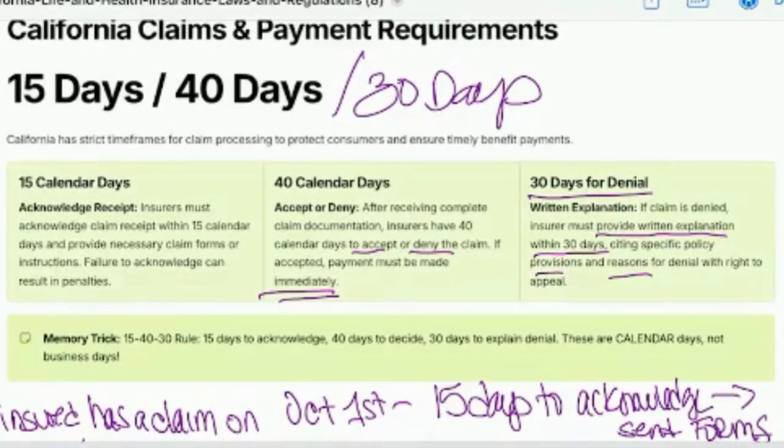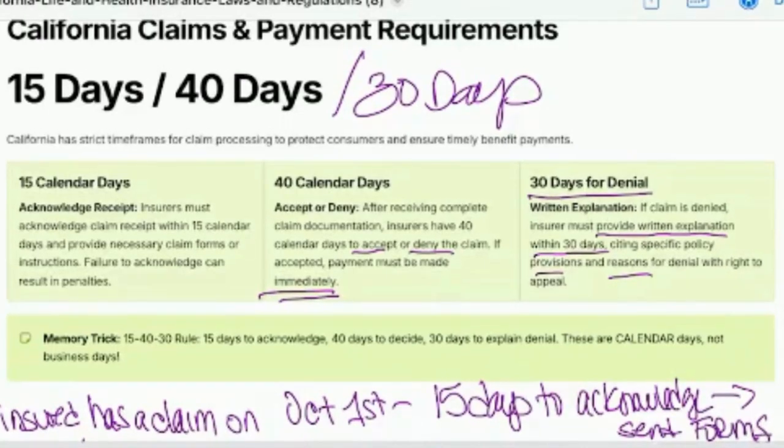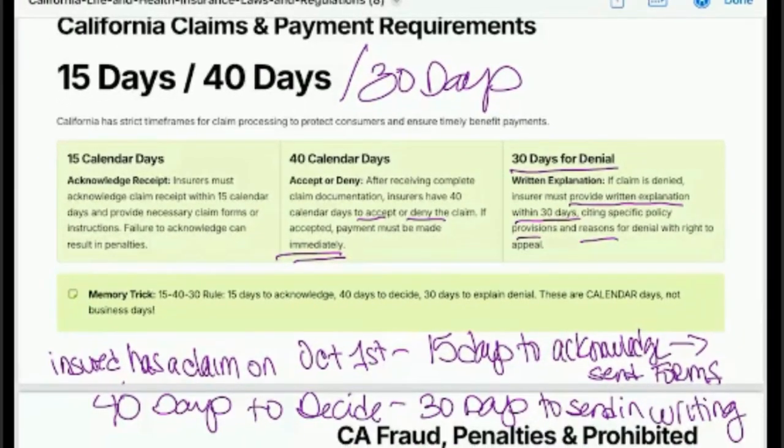Accept or deny. So they can deny the claim and they can tell them that over the phone or in person or however they decide to. But after that 40 days, they have 30 days to send in writing. So be careful how they're asking the question. Sometimes they'll say all of the following are prohibited claims practices except, and it'll just say, denying claims. No, they can deny claims. Claims get denied, but it has to be within reason.